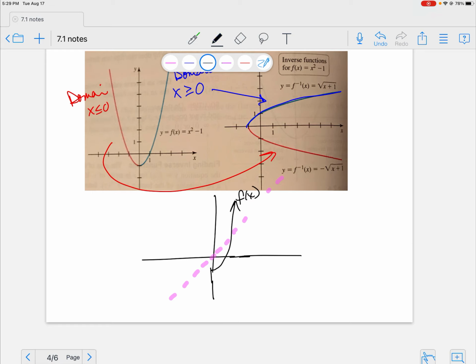So this is my function, right? There's my y equals x line. And then my inverse that I'm looking at, where I have it down here as a 1, I know this is going to be at a 1, right? Because that's that inverse part. And then this is going to convert over like this.